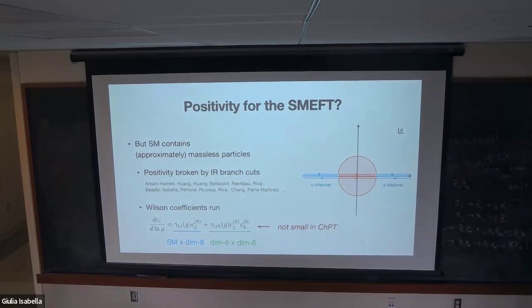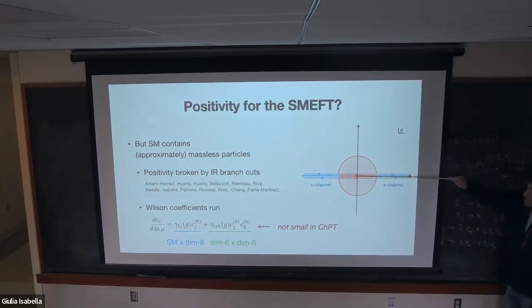That's why you need to modify the previous positivity bounds. That's been put forward by quite a few recent works, including the work by Julia. So one approach is to understand how these positivity bounds are modified when you have this branch cut structure, this change in the analytic structure in the IR.